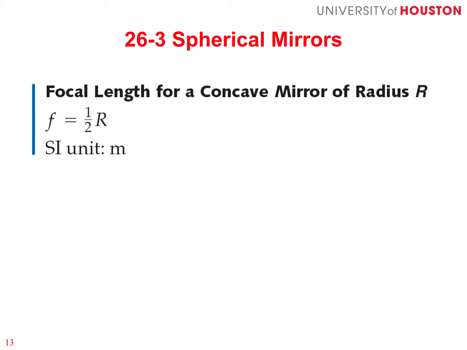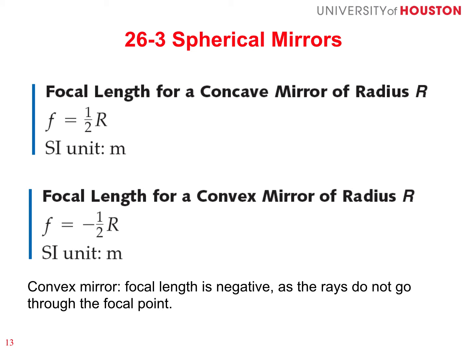The focal length for a concave mirror, which is the length that it takes for parallel rays which are reflected to converge at the focal point, is equal to half the radius of curvature of the mirror itself. For a convex mirror, the reflected rays do not converge, they diverge, but they appear to come from the focal point.